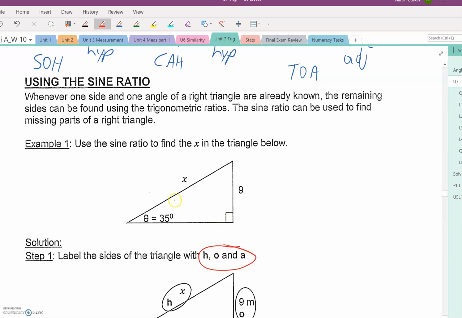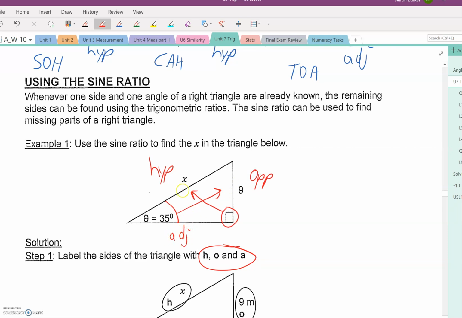O, and A. So we have our angle of interest, which is 35 degrees, and we have 90 degrees. Let's start at 90 and label the hypotenuse. And then let's label the opposite side. Now, which one's left over? The adjacent side.